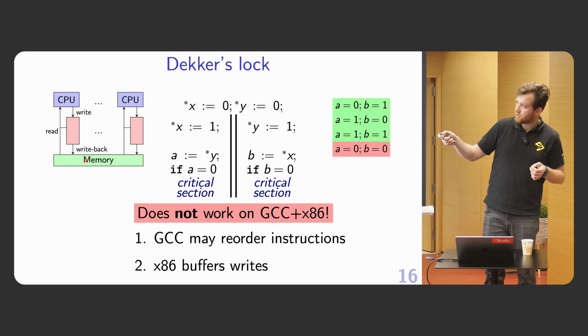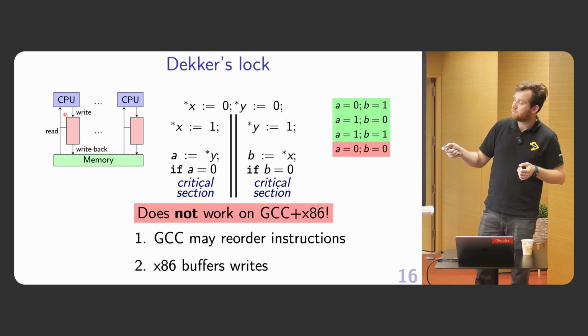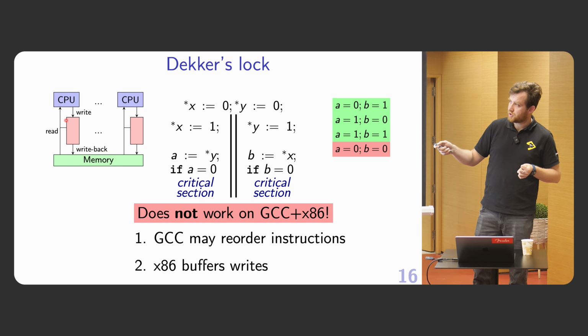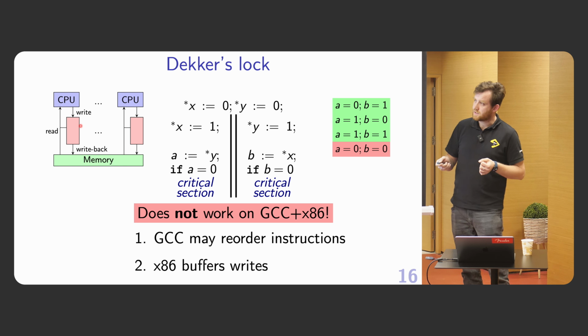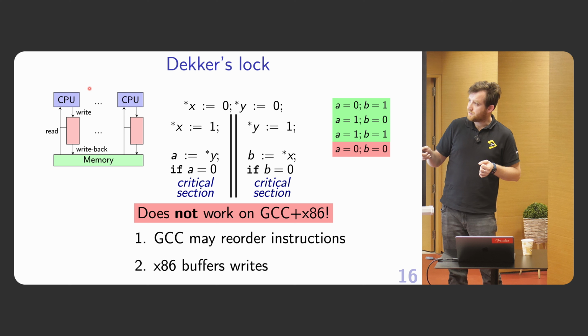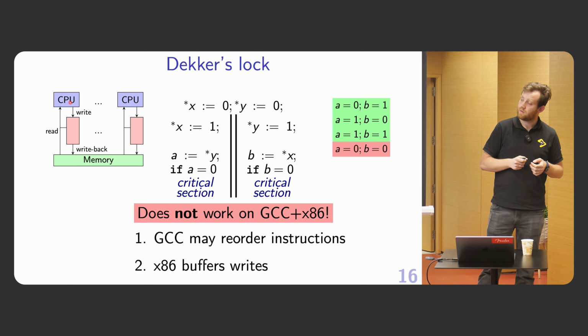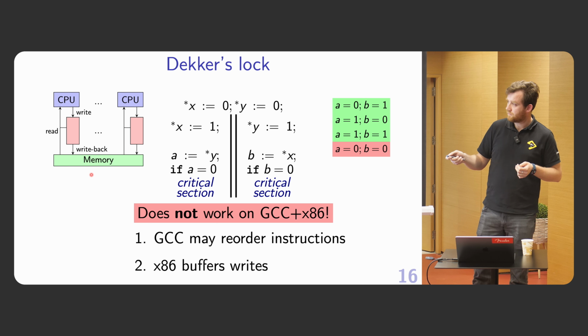This red box is a write buffer, and it works like this. If the CPU wants to write something to memory, it first issues a write request which stays in this write buffer, and then it's eventually propagated to memory. And if the CPU wants to read from some location, it first checks the buffer for anything new written by the CPU itself, and if there is nothing, then it goes to memory.